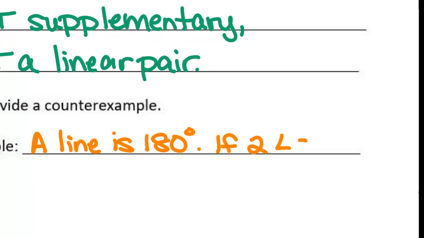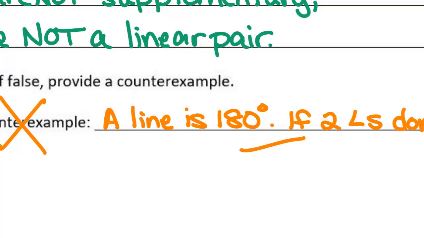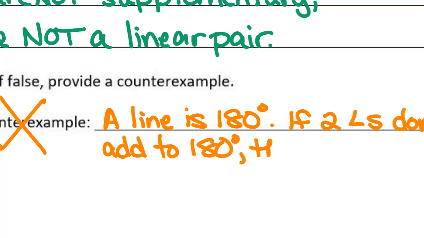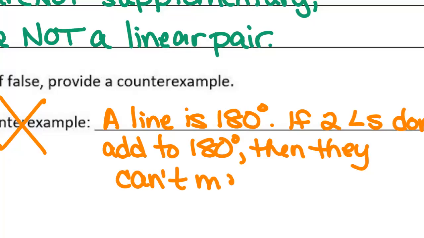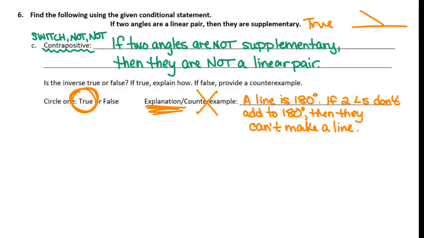If two angles don't add to 180, then they can't make a line. A line is 180. If the two angles don't add to 180, then they can't be a linear pair. They don't make a straight line together.